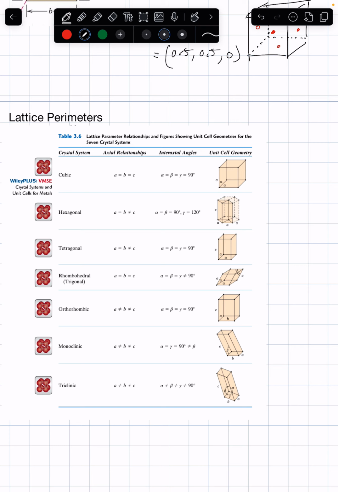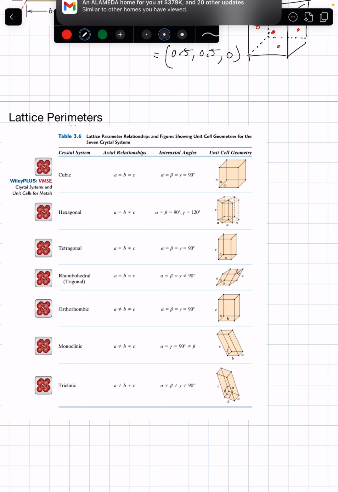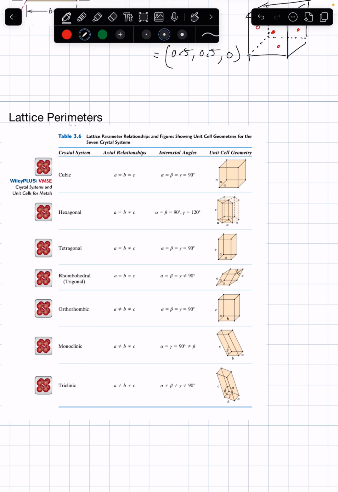So if we're thinking about real world examples, FCC, which is a cube, right? This could be aluminum, copper, right? And because it is this shape, it's ductile, it's a good conductor, it tessellates nicely into other sort of crystalline structures.